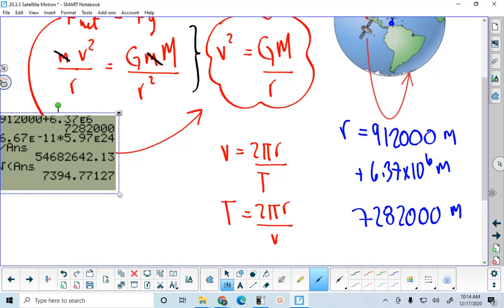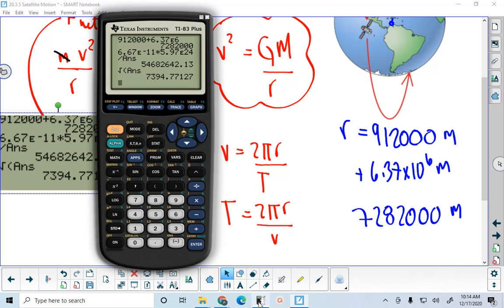If I take V equals 2 pi r over t and rearrange it for t, I get t equals 2 pi r over v. Okay, that's a pretty easy calculation to do because we have v sitting right here on our calculator. 2 times pi times the radius divided by the speed.